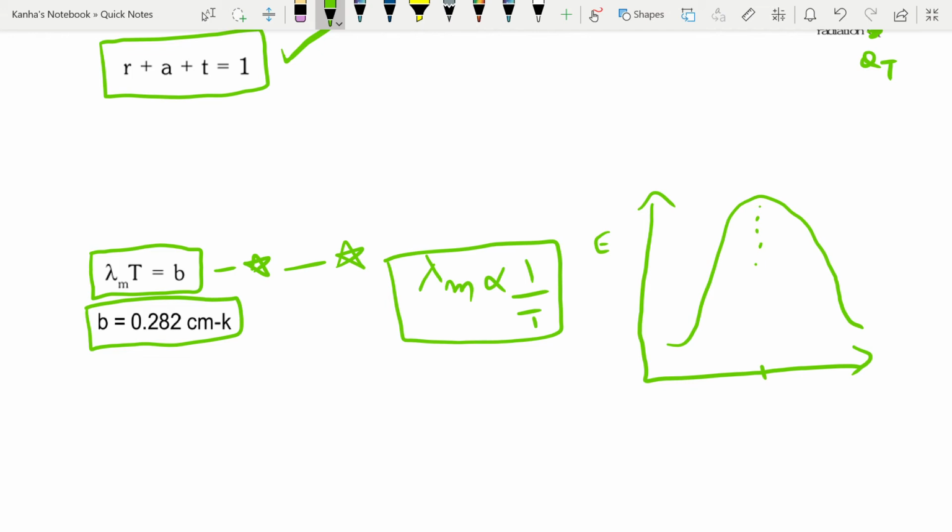The maximum emission that takes place from a body is at, let's say, some lambda. That lambda will be known as lambda m. The wavelength corresponding to the maximum emission is related to the temperature T by this quantity. This is extremely essential, and we'll look at this later.